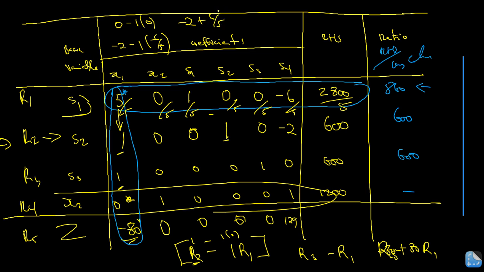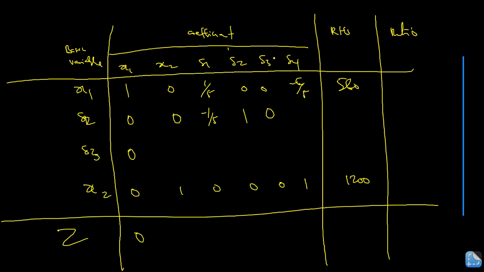So we can say negative 2 times 5, so this would be minus 10. Then minus 10 plus 6 over 5, so it would be negative 4 over 5. So we're going to have negative 4 over 5.